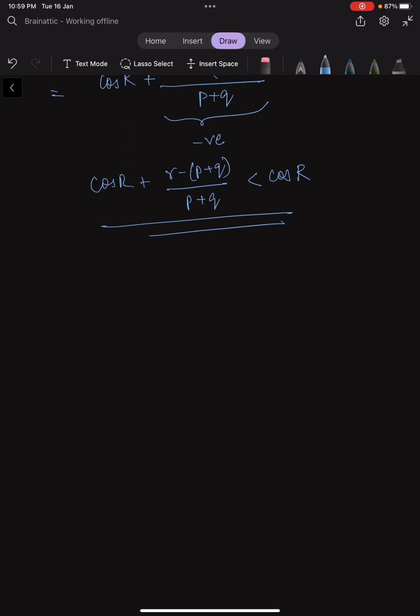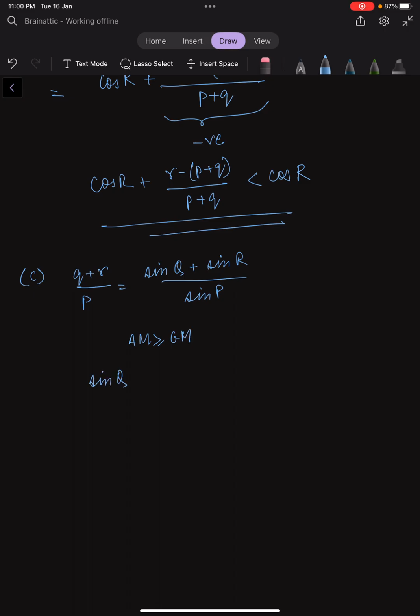Now, going for option C, we have q plus r by p. Now applying the sine rule, I can very easily write this as sine Q plus sine R divided by sine P. Now, again we'll apply AM greater than or equal to GM, but only in the numerator part.